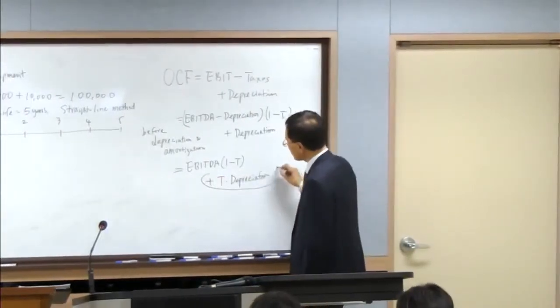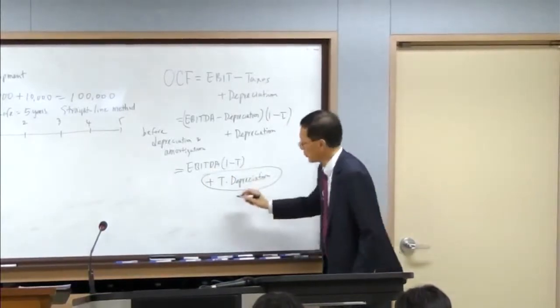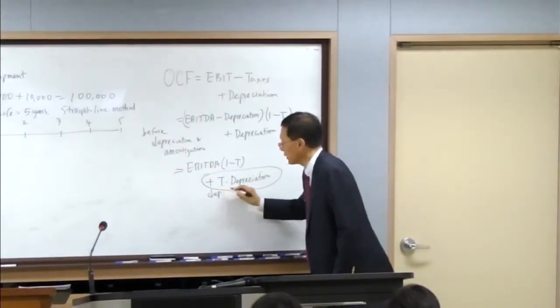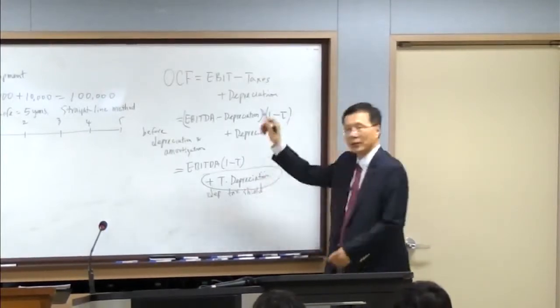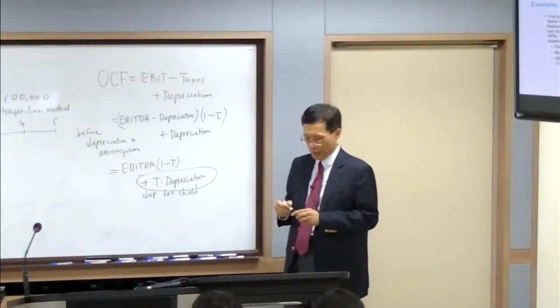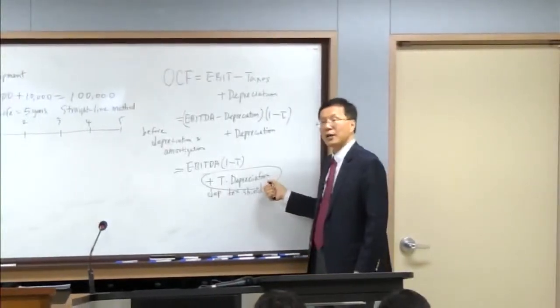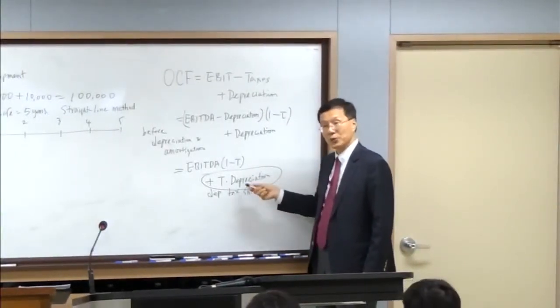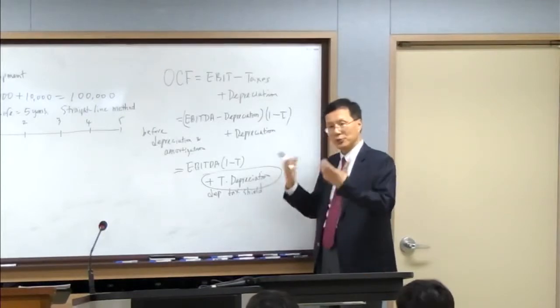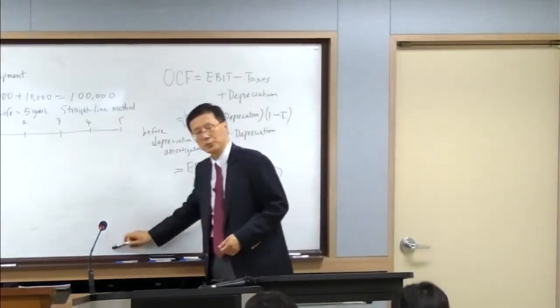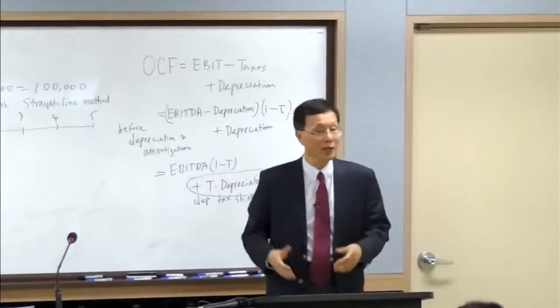And this is so critical. This is what we call the depreciation tax shield, which you saw on the previous page. The more depreciation you have, the larger the cash flows because of the depreciation tax shield. The more depreciation you have, the larger the depreciation tax shield. Therefore, you have more cash flows.